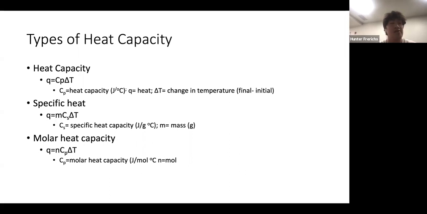And so heat capacity is actually used sorry, is actually used when you want to what's it called? Oh wait, I'm not in. Let's see.